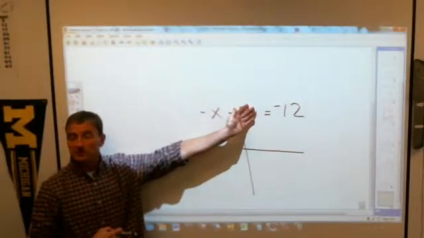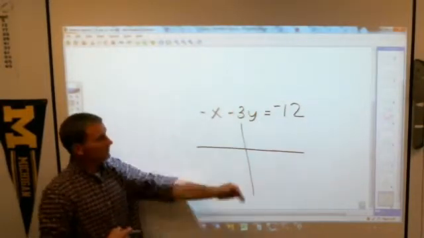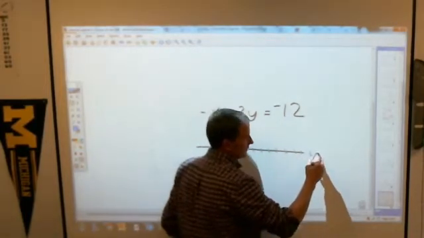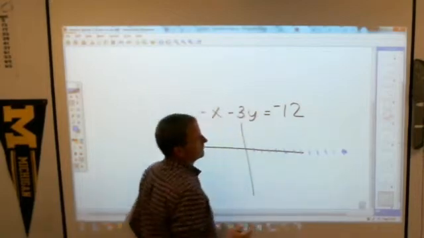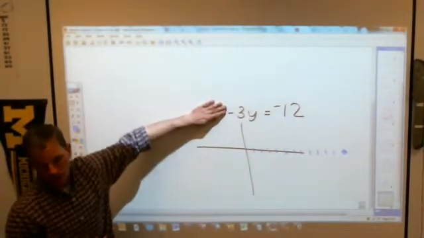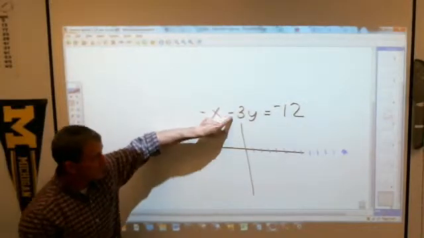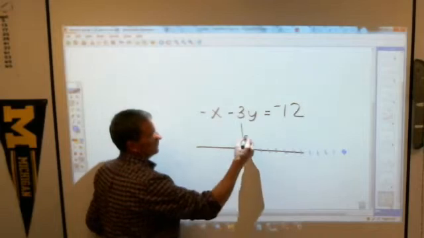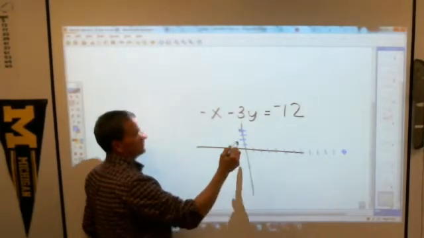Two negatives means my answer is going to be x is positive 12. 1, 2, 3, 4, 5, 6, 7, 8, 9, 10, 11, 12. Cover up that. Negative 3y equals negative 12. Y is positive, negative and negative, 2 negatives positive. 1, 2, 3, 4. And there's your line.